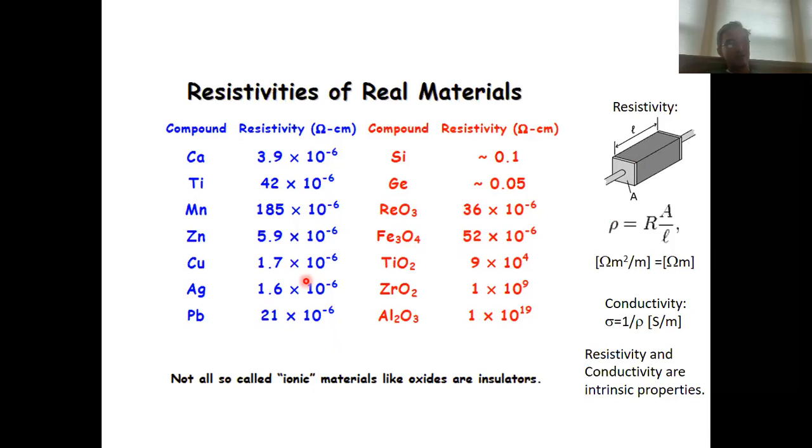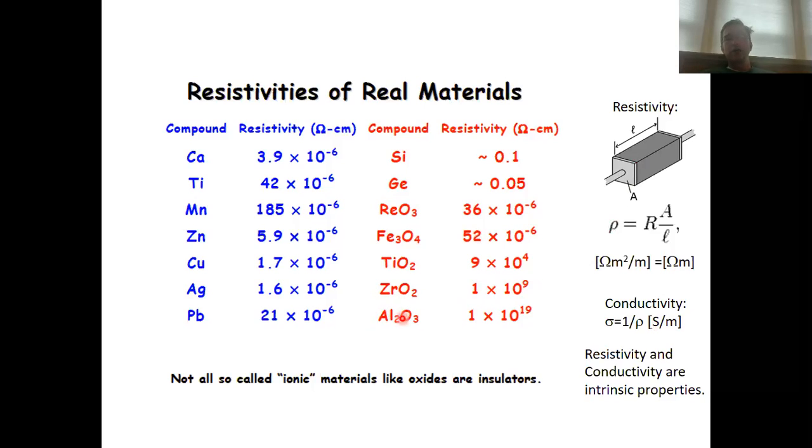However, some oxides, like for instance, titanium dioxide, zirconium dioxide, and aluminum oxide have much higher resistivities. For titanium dioxide, it's 9 times 10 to the power of 4. For zirconium dioxide, it's 1.1 times 10 to the power of 9.